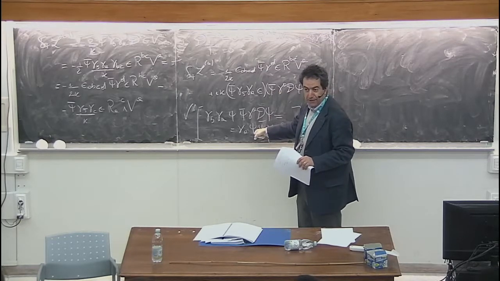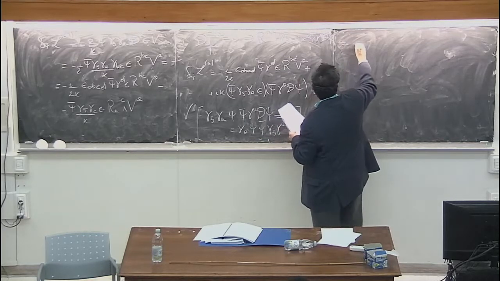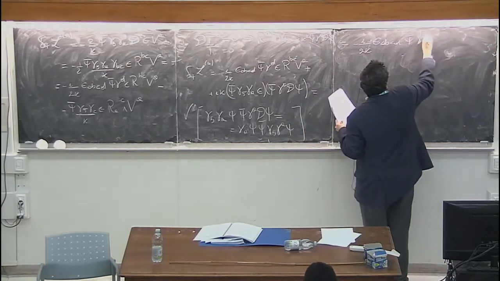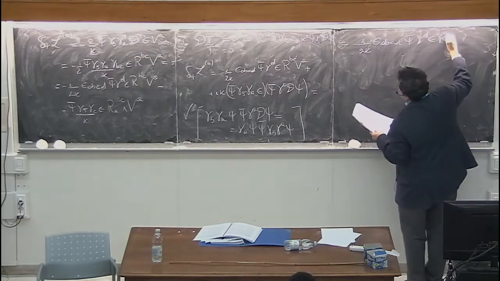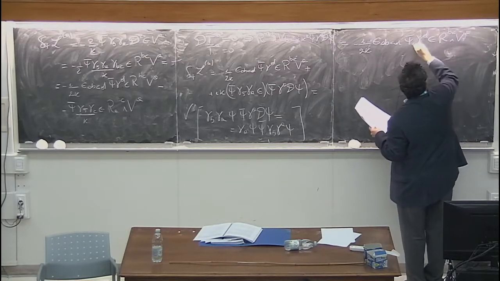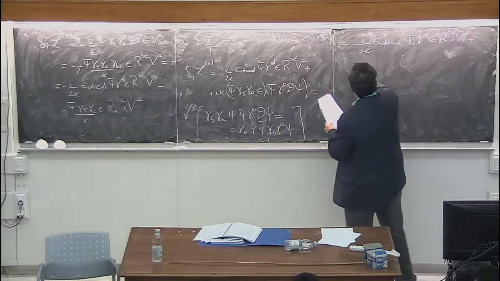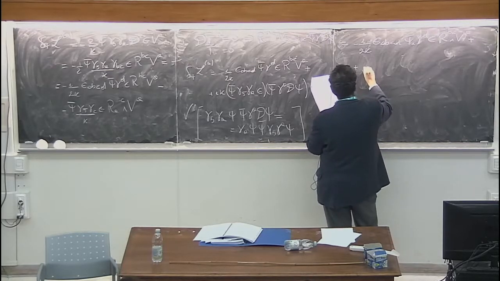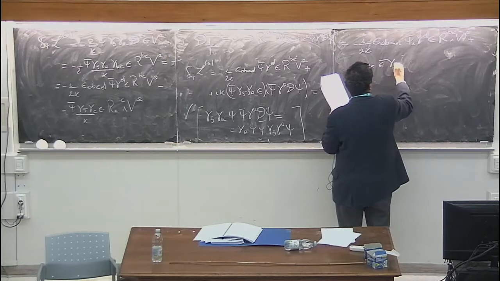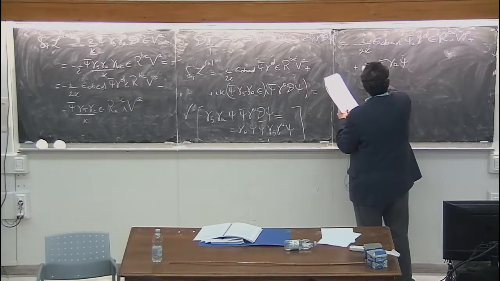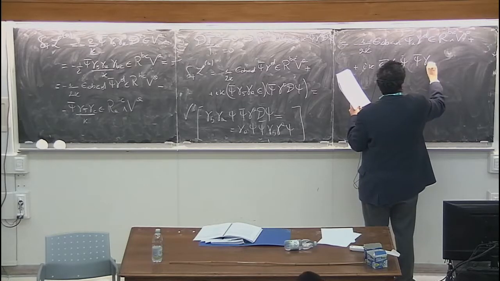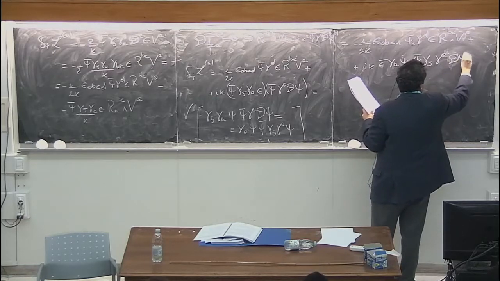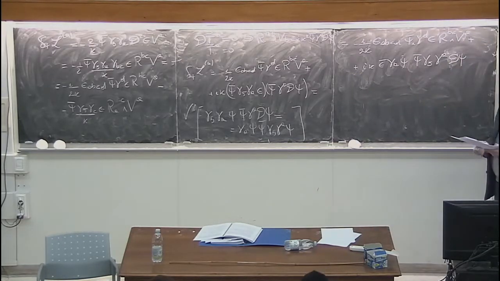By using this property here, I get minus i over 2 kappa epsilon ABCD psi bar gamma D epsilon R BC, and then plus i kappa epsilon bar gamma A psi, and then here I get psi bar gamma 5 gamma A psi, d psi. Okay, we get this.